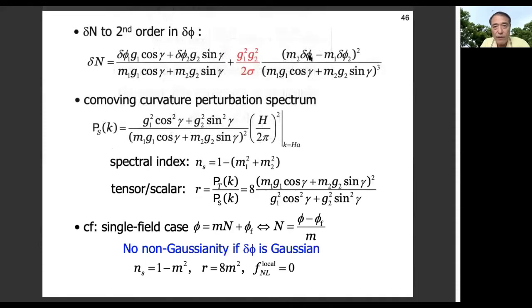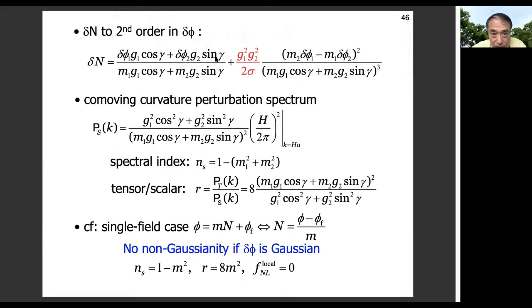If you go up to the order phi 2, then you obtain this expression. The leading order term will give rise to essentially the Gaussian fluctuation part, and the second will give you the non-Gaussian corrections. And of course, you can expand to higher order non-Gaussianity and so on and so forth.